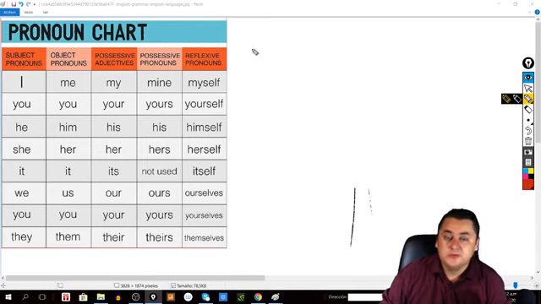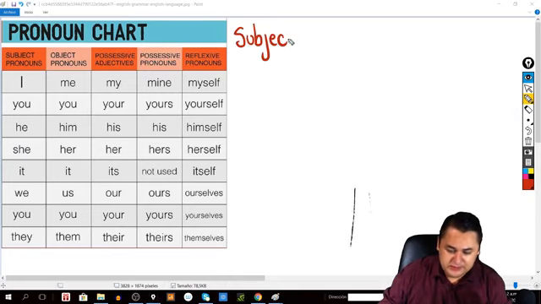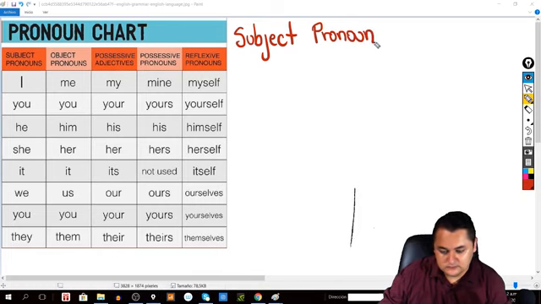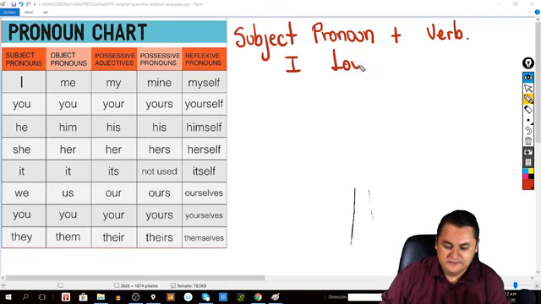The first rule we are going to learn here is that with a subject pronoun, we need a verb. Rule number 1. You say, I love. This is the subject pronoun, and this is the verb.